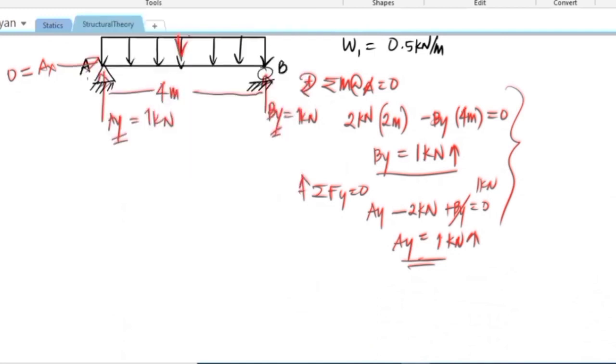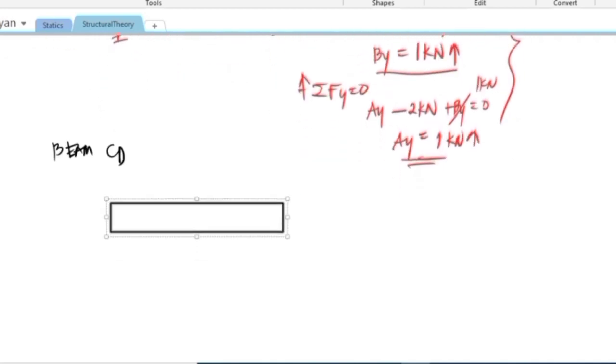So for the beam CD, we assume that this is simply supported. So we have a pin connection on the left support and a roller support on the right side. So this is also a uniformly distributed load.